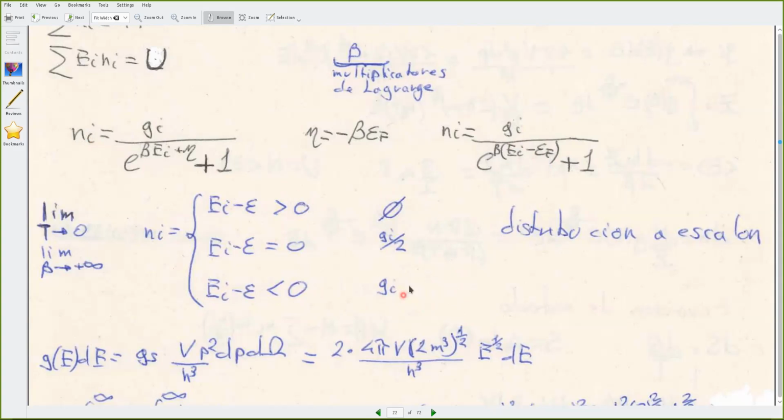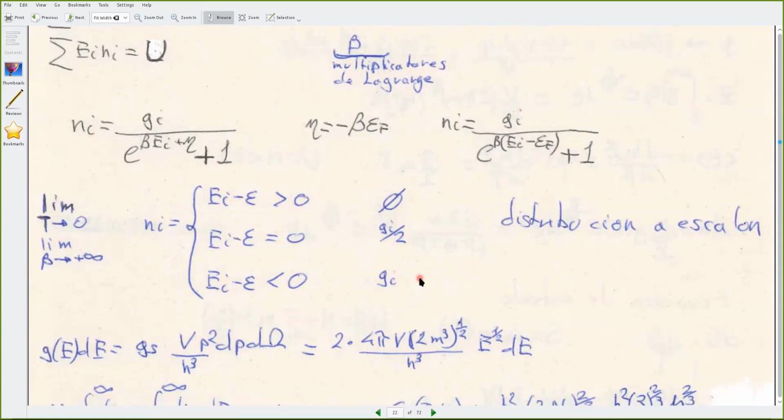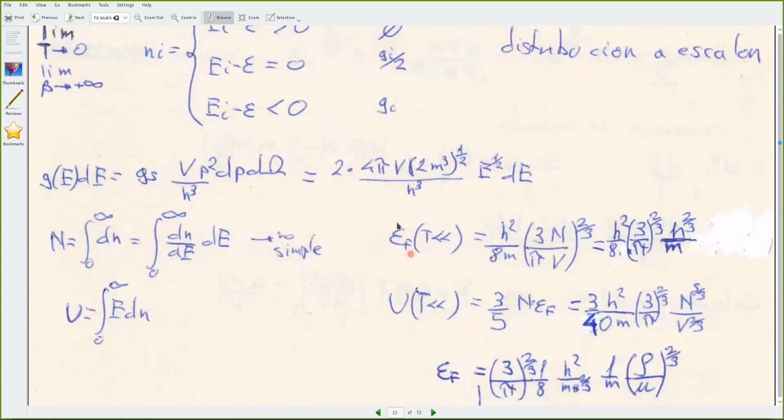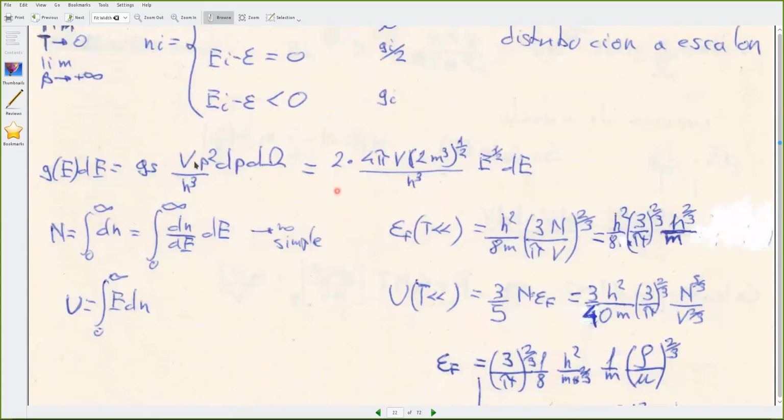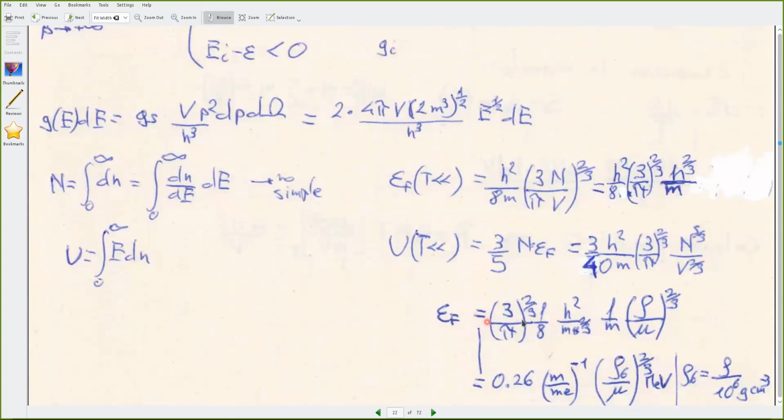That means that here is 1, here 0, and 1 and 1/2. We can calculate here in general, then the number.